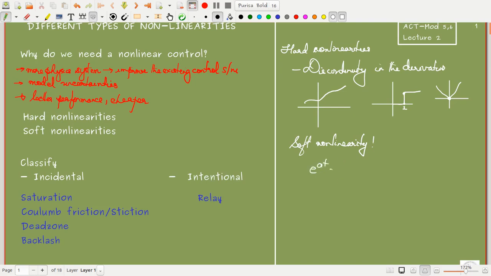If we write it as a series, I can write it as 1 plus at plus 1 by 2 factorial a squared t squared plus etc. If a is very small, what we used to do is neglect all the higher order terms. We had been doing this because we wanted to end up with something which is linear in nature.